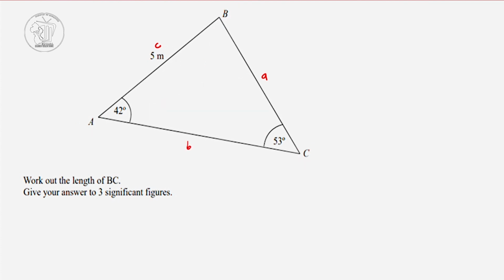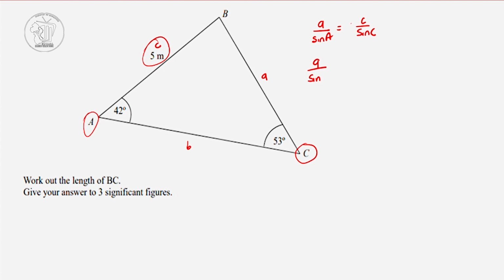Alright, so let's look at what we have. We have angle C and side C, and we have angle A, and we want to find side A. So we use A and C. So you can say A over sine A is equal to C over sine C. So we see A will be the thing that we want to find.